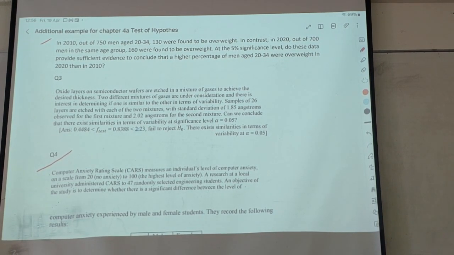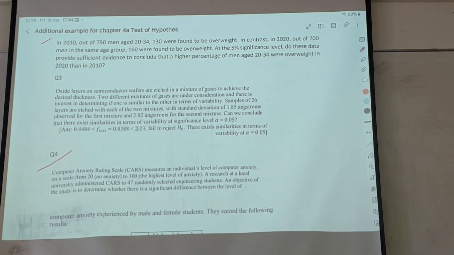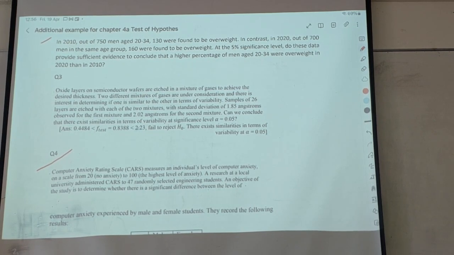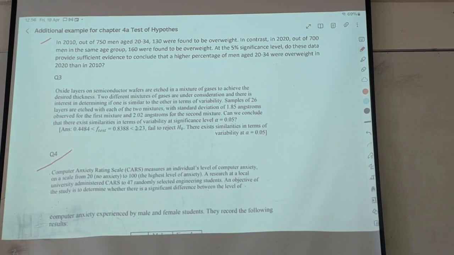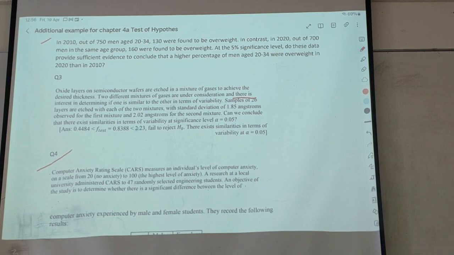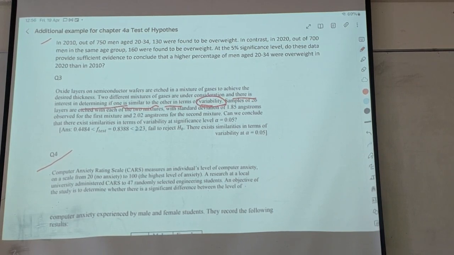Okay, so you see, they tell you about an oxide layer on a certain mixture. There are 2 different mixtures, which means we have 2 populations. They want to determine if one is similar to the other in terms of variability.